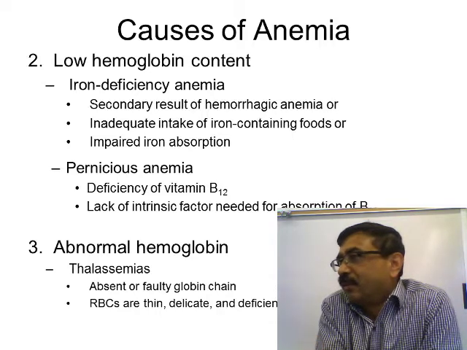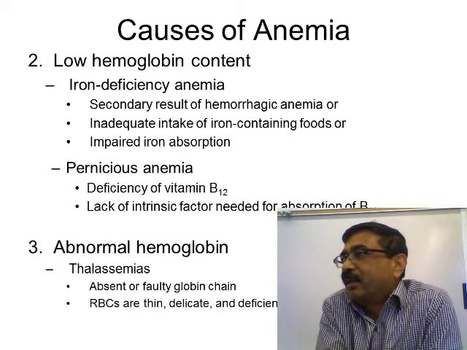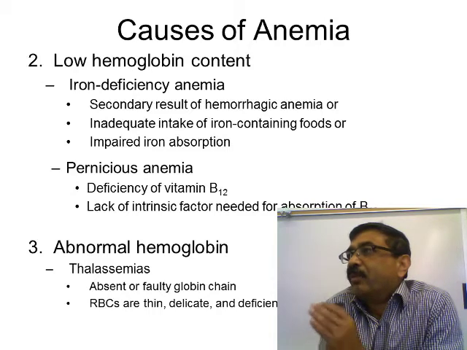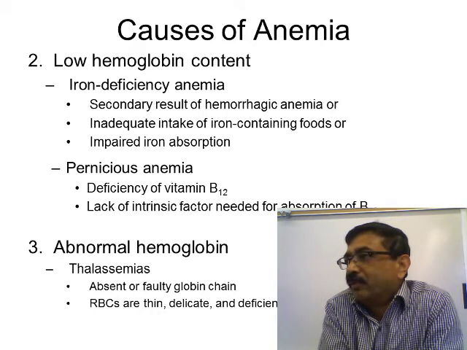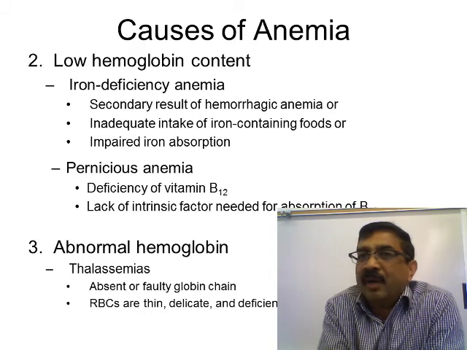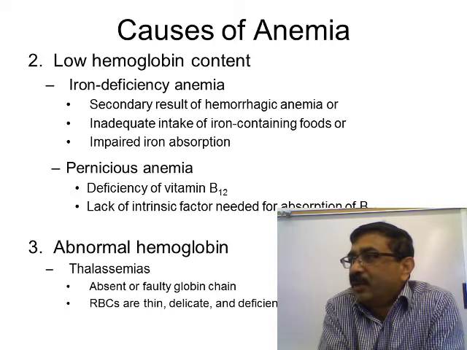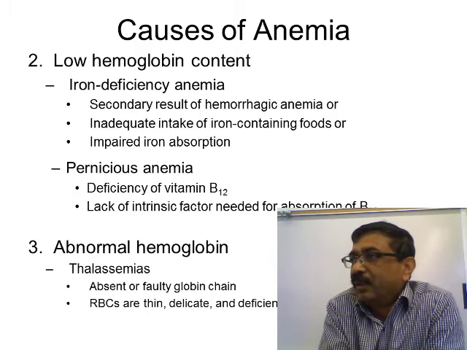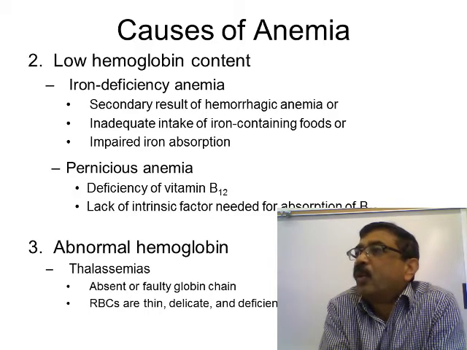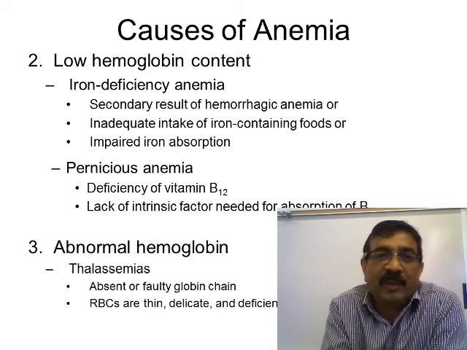ulcer. For example, you got an ulcer in your stomach or somewhere, and from that ulcer slowly blood is getting out from the body for a long time, like months or years. So although small amount, but you will lose a lot of blood eventually, and that will decrease the count of red blood cell. Another example, worm in your intestine.